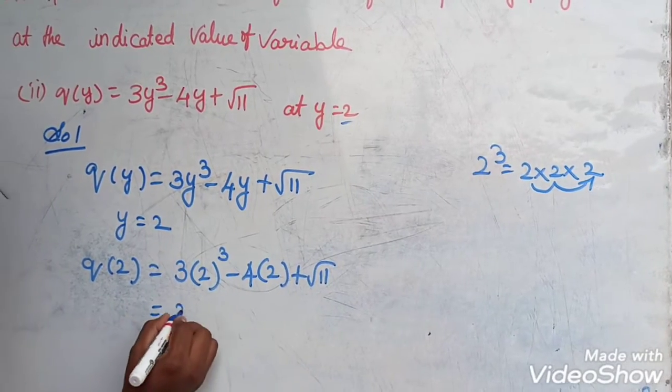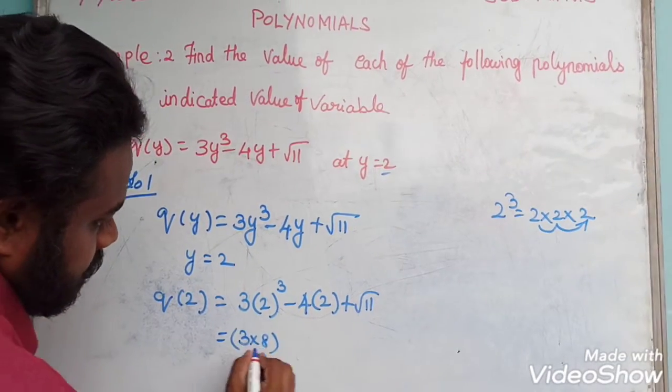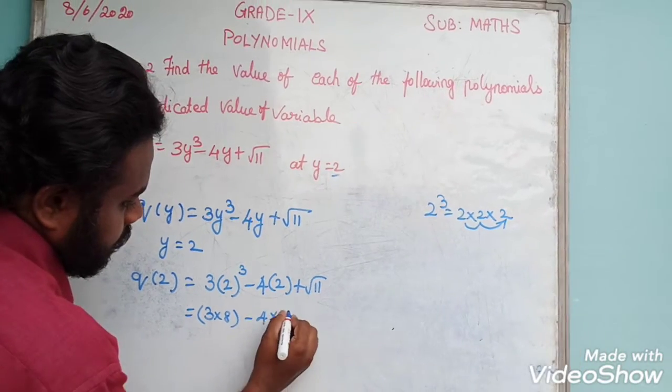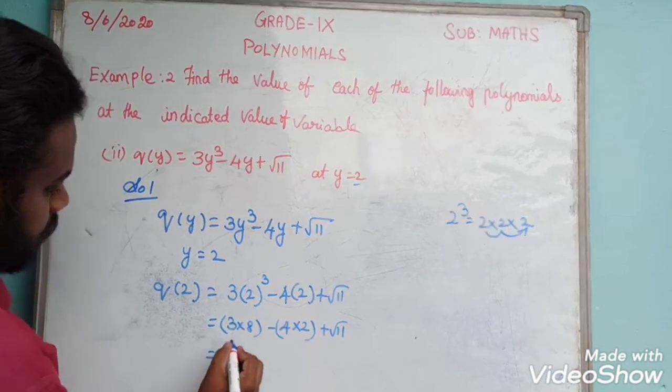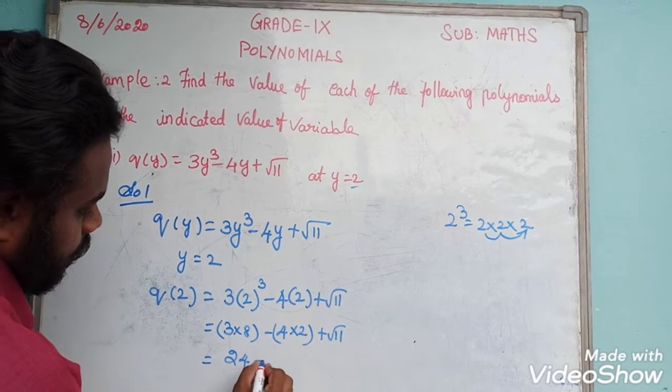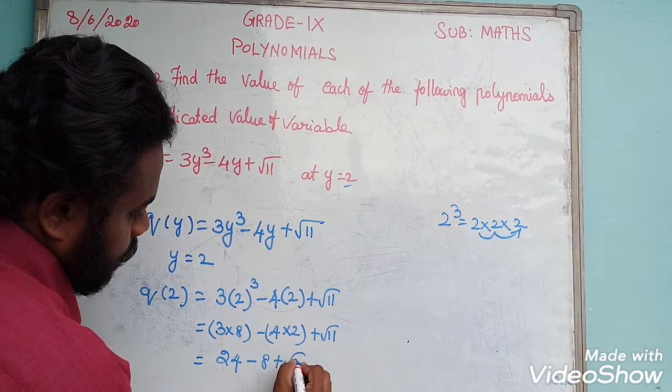So 3 into 8 minus 4 into 2 plus root 11. 3 8s are 24 minus 8 plus root 11.